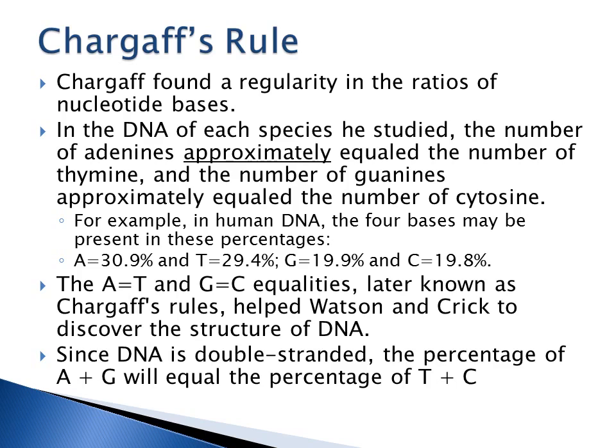So A equals T, G equals C, and this is how Watson and Crick discovered the structure of DNA, realizing that the proportion of A's and T's and G's and C's, that ratio, was very important. So that's how they figured out that A always binds to T, G always binds to C in that double-stranded structure.